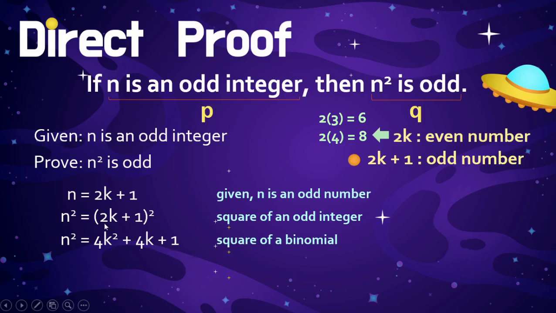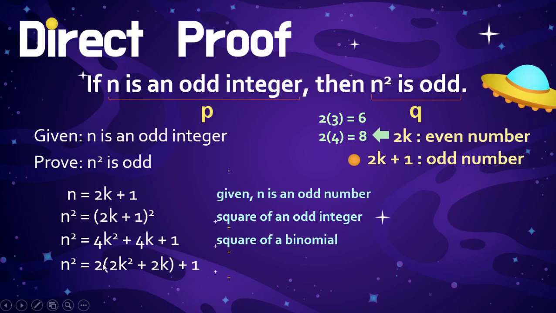Kasi in-square natin tong quantity 2k plus 1. Okay, so, in order to prove that this is odd, kailangan natin siya mailagay sa gantong form, yung 2k plus 1. Kasi nga, ito nga yung representation ng odd number. In order to do that, let us try if we could factor out 2. Yes, pwede po.